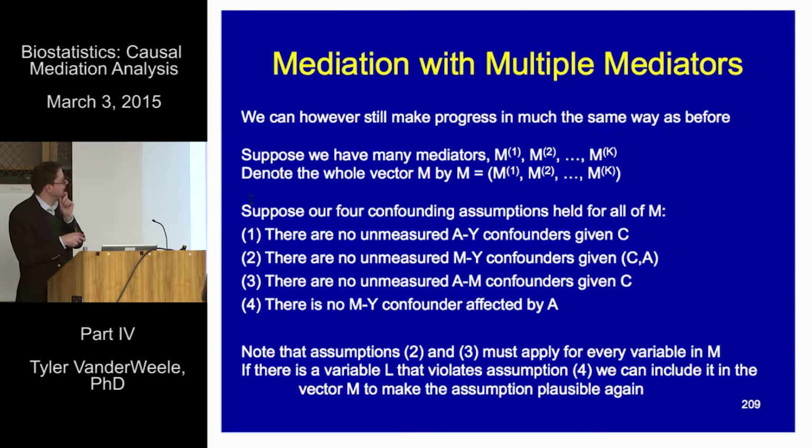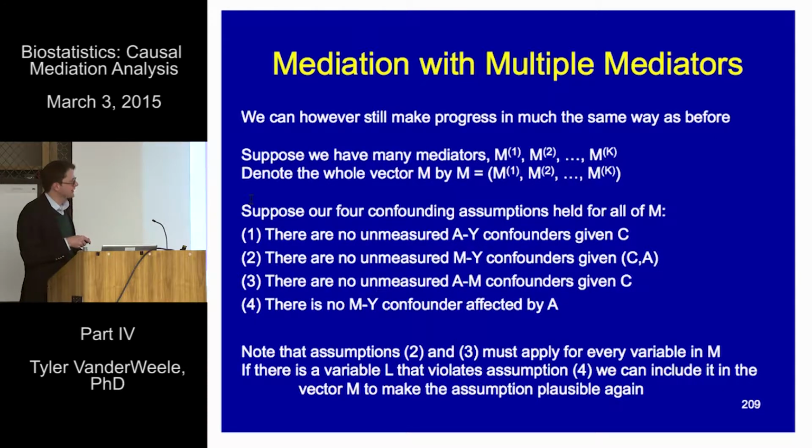So we're going to suppose we have a number of mediators that we're interested in, M1 through Mk, and we'll denote the whole vector, M1 through Mk, by M. We're going to use the same confounding assumptions as before, but they're going to have to hold for the whole vector of mediators M. So we're going to assume that there's no unmeasured exposure outcome confounding, conditional on covariates C. That assumption doesn't really change in the presence of multiple mediators.